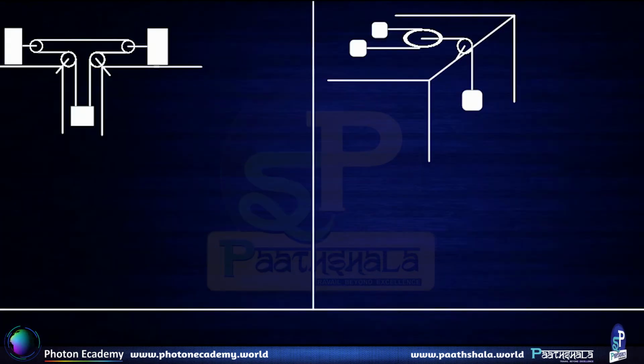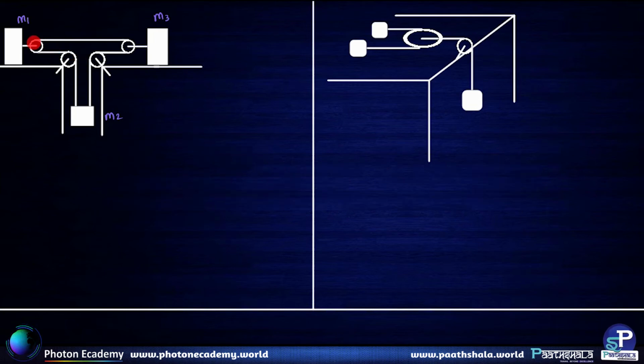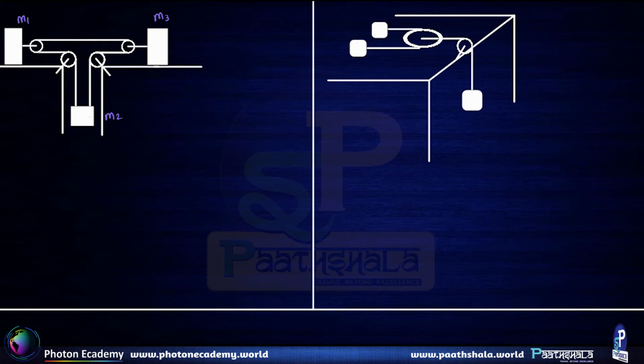Now next are two particularly interesting and cute questions. So basically let's understand the first question. This is the mass m1, this is the mass m3, and this is the mass m2. They are connected via one single string as shown, that runs like this, connecting all the three masses.